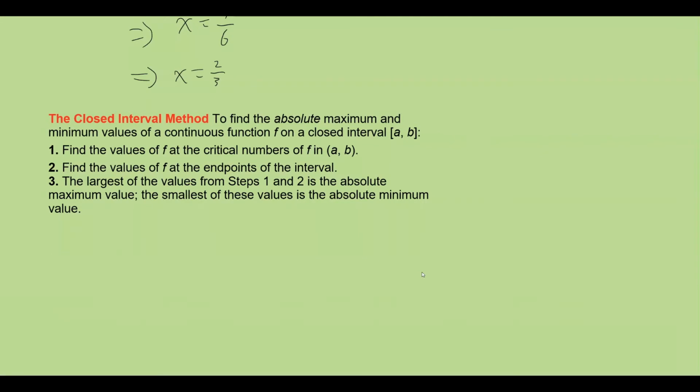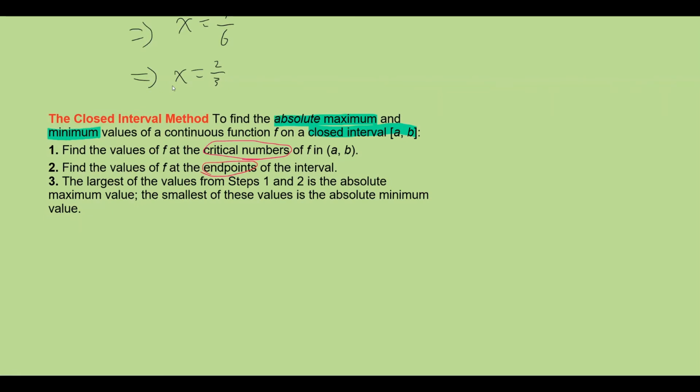So what we can do now is we can actually find out where we have absolute maximum or minimum values over a closed interval AB. Right? So we're going to follow these 3 steps. Find the values of f at the critical points, critical numbers of f in AB. Right? So find the critical numbers in the interval AB, and find the values of f at the endpoints of the interval, right?